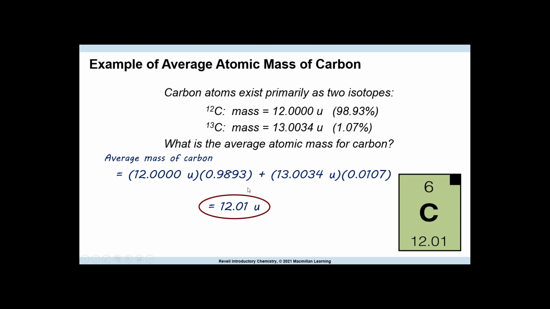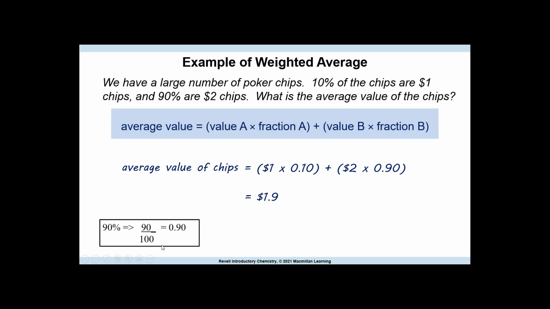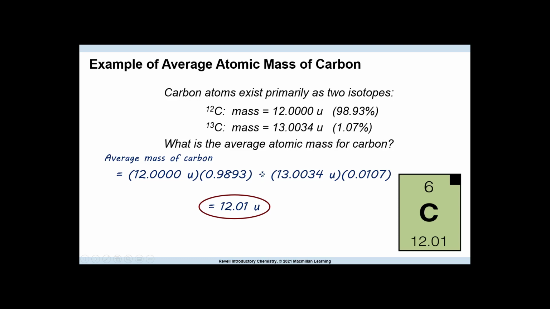How did we get this number? Same thing. We divided it by 100 and put it in decimal form just like I did here. Okay, now we do a plus sign, gives us all these sig fig numbers, put that here. And then it's telling us that the majority is 98.93% and carbon 13 is 1.107%. Divide that by 100 and here is our amount.